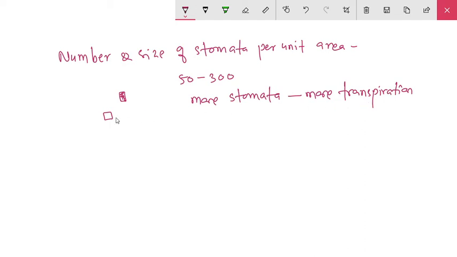The next internal factor, the water content of mesophyll cells. Okay. So the loss of water in the form of vapor during transpiration is actually the loss of water from the mesophyll cells. So when there is less water in the mesophyll, the rate of transpiration is also reduced considerably.